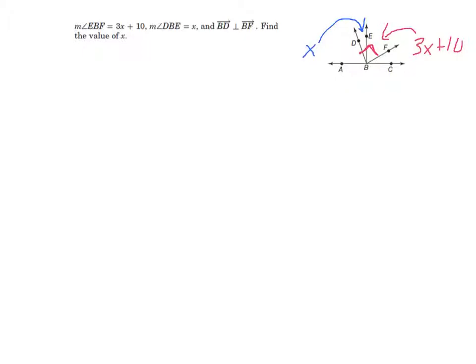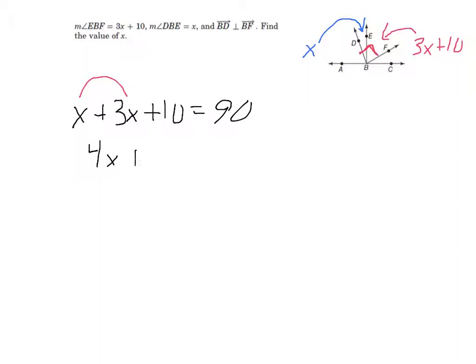Now those two angles added together should equal 90 degrees. So x plus 3x plus 10 should equal 90 degrees. Again, combine our like terms. So 4x plus 10 equals 90.